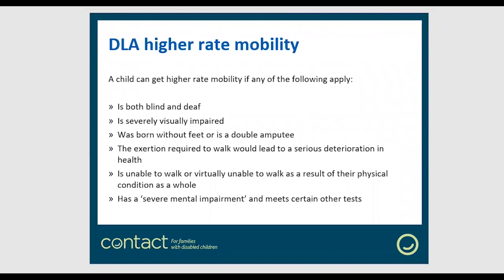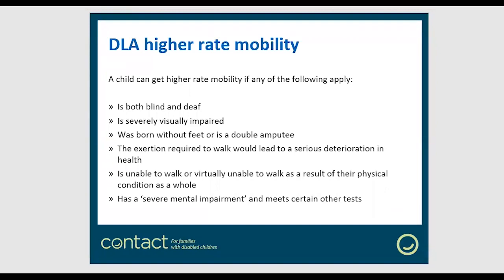But what we're really interested in today is the last two routes. These allow you to qualify if you can show that you're either unable to walk or, in our case, virtually unable to walk as a result of your child's physical condition as a whole. We're going to spend a bit of time later looking at what that means in practice.